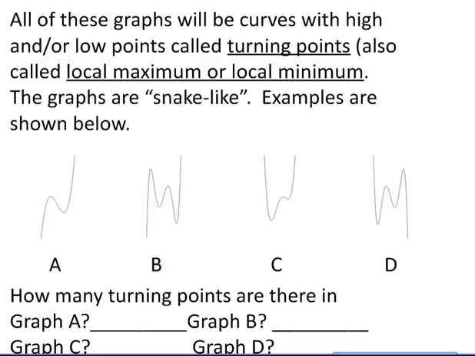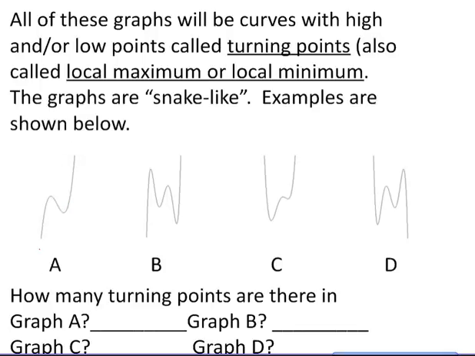The graphs below are graphs of polynomials. The graphs will have high points and low points. We call those turning points. So if you look at this graph right here, let me erase that so you can see it a little bit better.